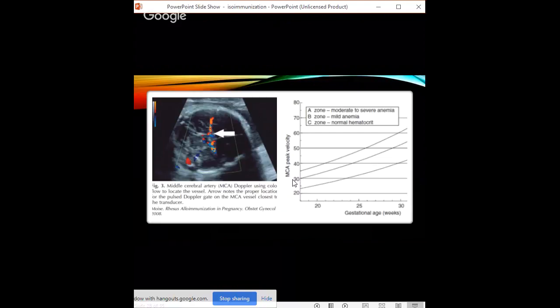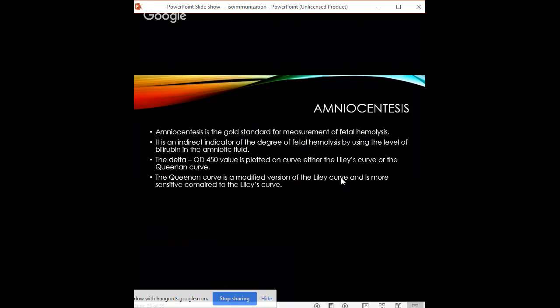On the y-axis you see the peak velocity, versus on the x-axis the gestational age. And you have 3 zones, A, B, and C. These zones denote whether it is moderate to severe anemia, mild anemia, or if the hematocrit is normal.